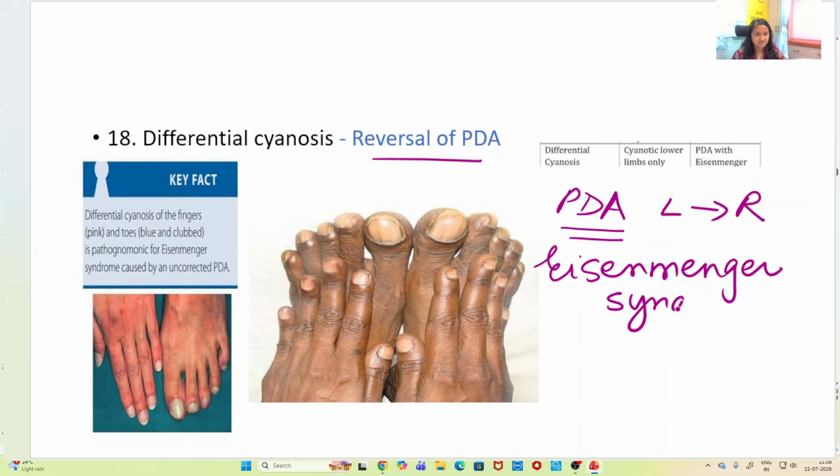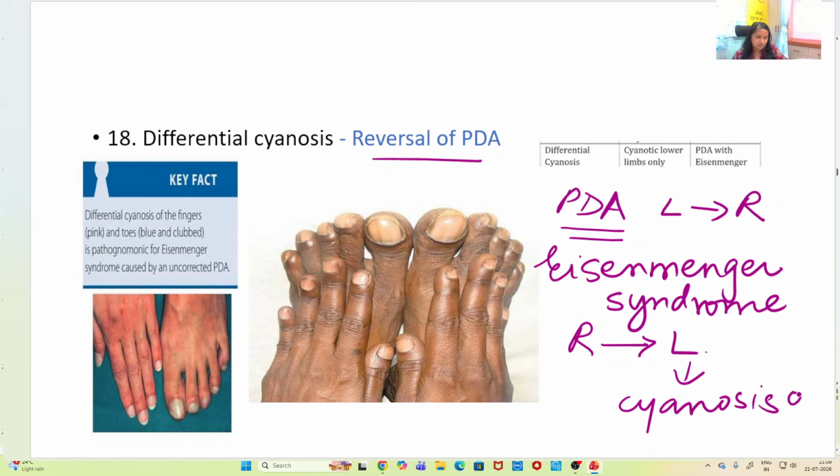In Eisenmenger syndrome there is reversal of shunt, which becomes right to left. Deoxygenated blood is going from the right to the left side of the heart, going through the PDA down into the aorta, and it will cause cyanosis of the lower limbs.